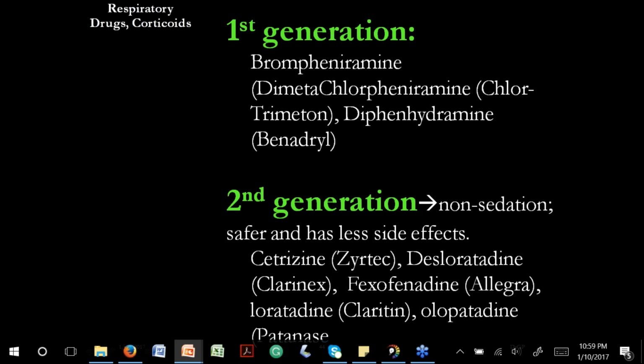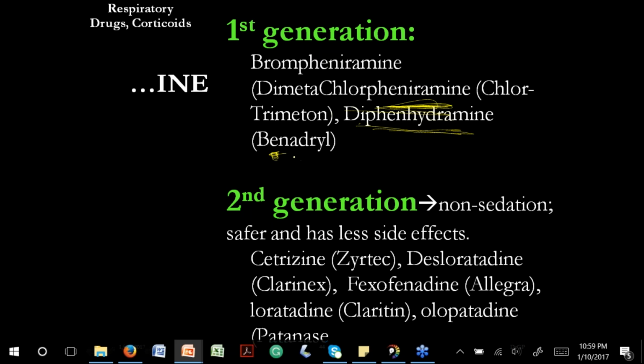So this is the first generation. Second generation, they have the most common chlorpheniramine. That is the grandpapa of all the antihistaminics. We have another one, diphenhydramine, Benadryl, very common too.